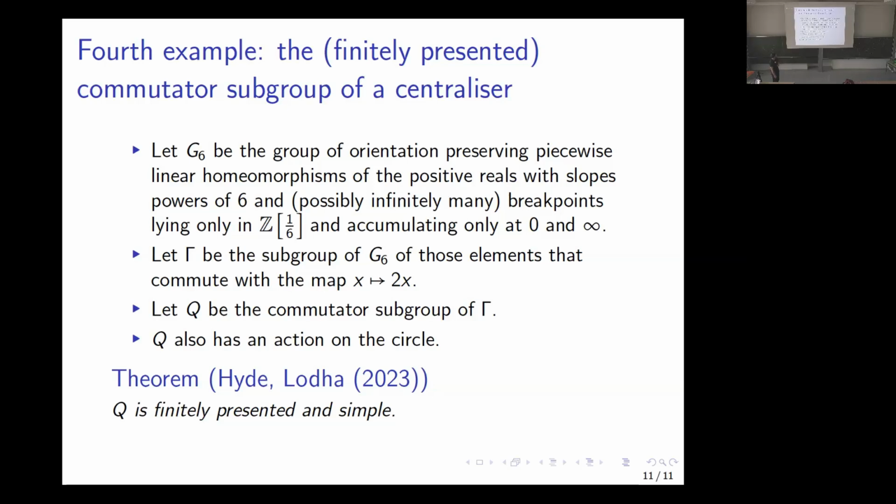And this is, I think, the first Thompson-y family group like this. There are oodles of generalizations of T acting on the circle, and oodles of generalizations of V acting on the Cantor set. And it's a really natural question to ask, what about generalizations that act on the sphere or the torus or something? And we don't have any examples, or at least not finitely presented simple ones. Sorry?